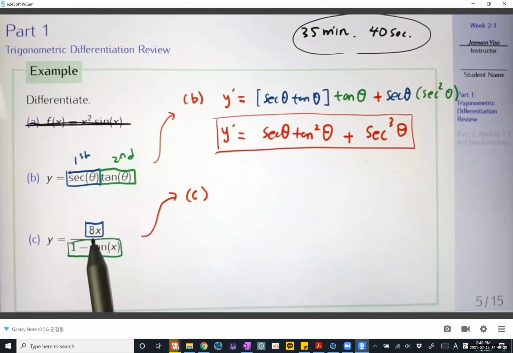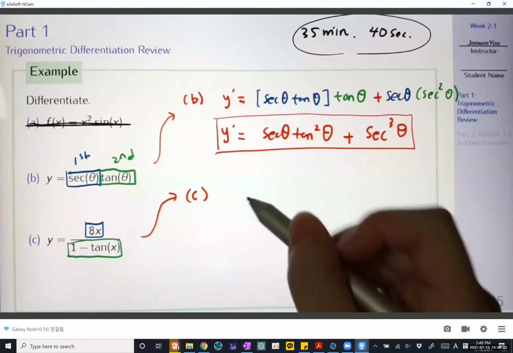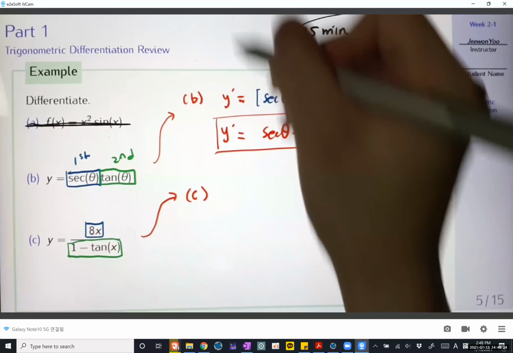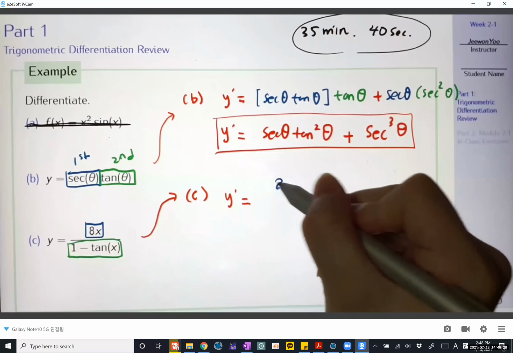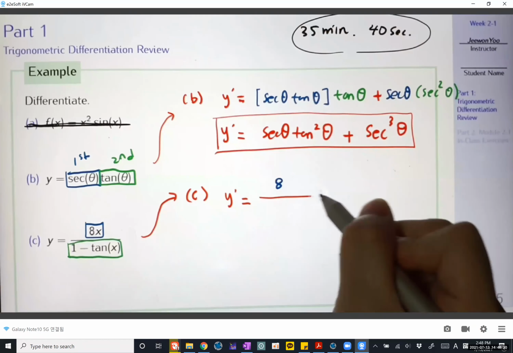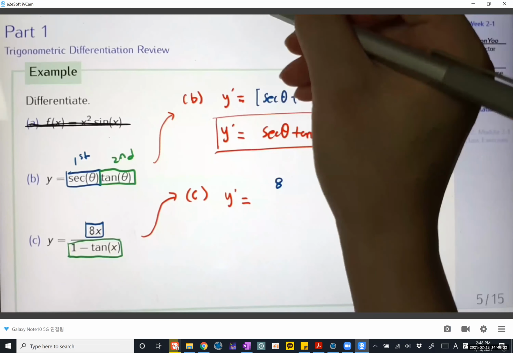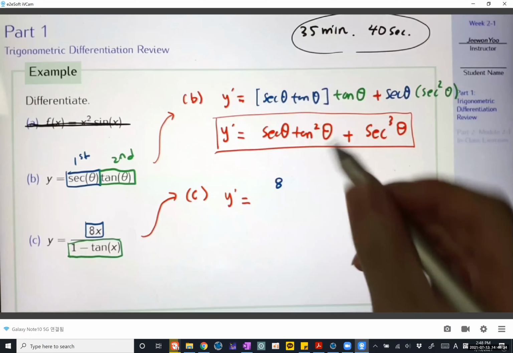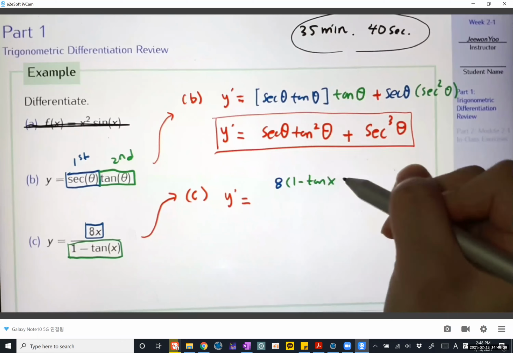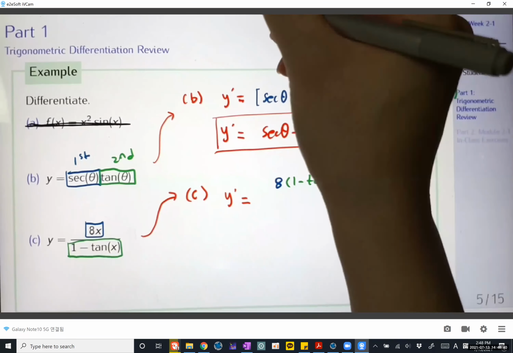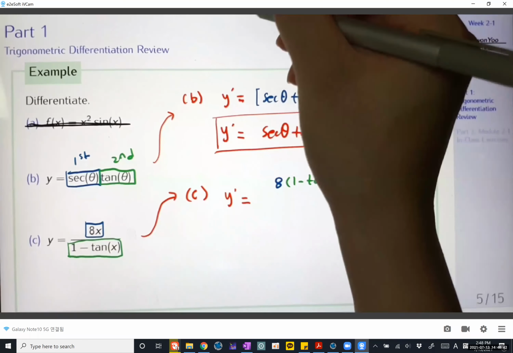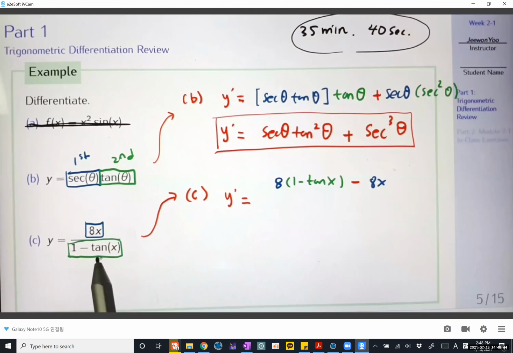So the derivative of the top is 8. So here's y prime. Y prime is equal to the derivative of the top, which is 8, and then the original bottom is 1 minus tangent x. And then subtracted by the original first guy, which means 8x, times the derivative of the second guy, which is negative.